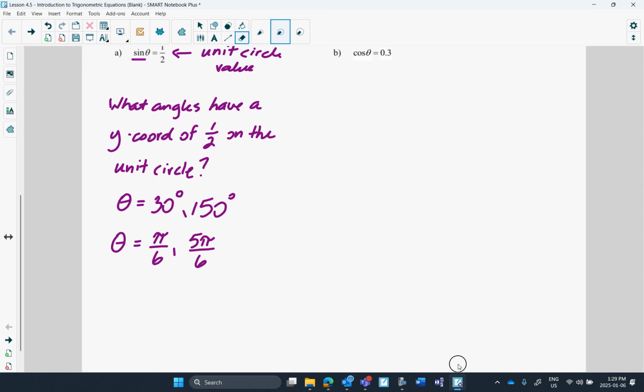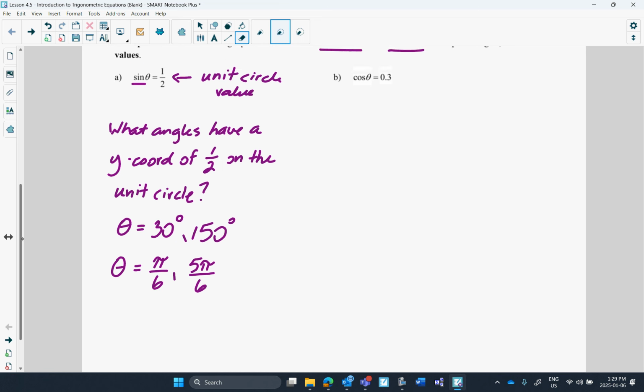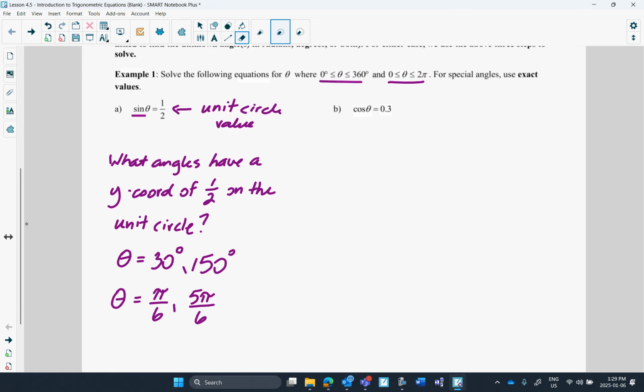But what if the point is not on the unit circle? Like this one. 0.3 is the same as 3/10. That is not a value on the unit circle, which means we can't use the unit circle and answer it mentally without having to do any work.